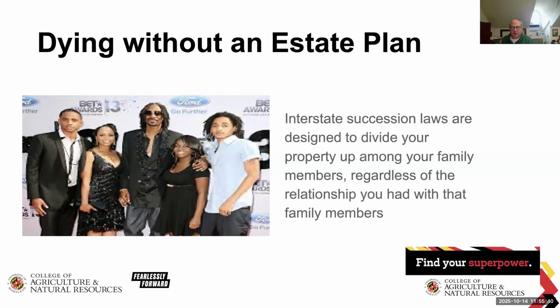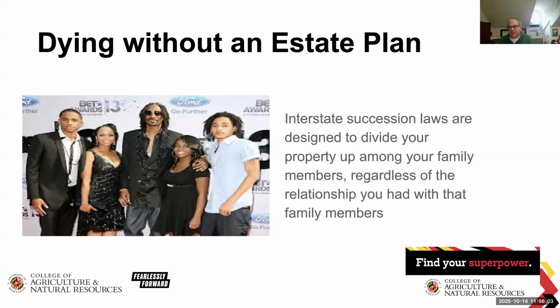They don't care about whether you were actually talking to them, or whether you were in the process of a divorce or anything. So really, in a lot of these situations, we start telling people, hey, you really need to start thinking about this and doing this. And there's been a number of cases over the years where people have died without wills, and we have to deal with the issue of divorce or something else.